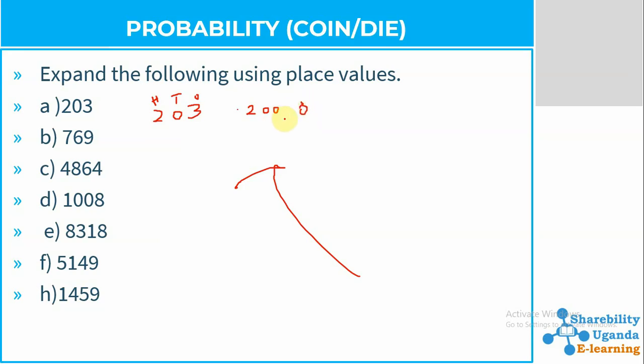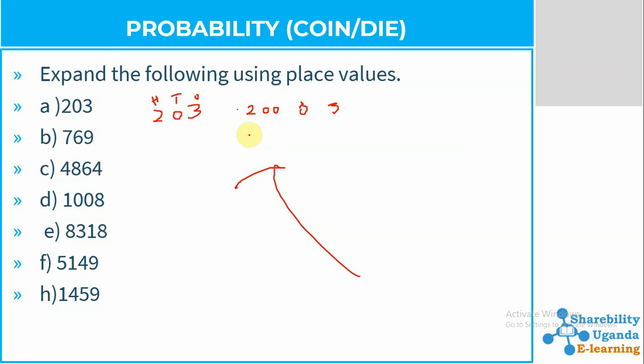Why our 0? Because we are saying this times 10, our 0 times 10 is going to still be 0. Okay, also this is going to be our 3. So when we write this, we shall be able now to add them and get the place values of this, or expanded.